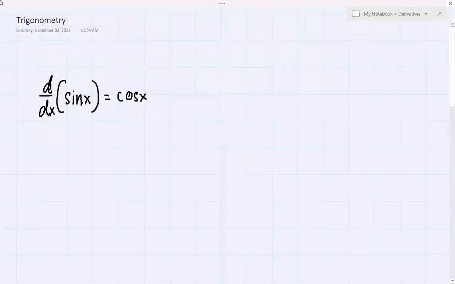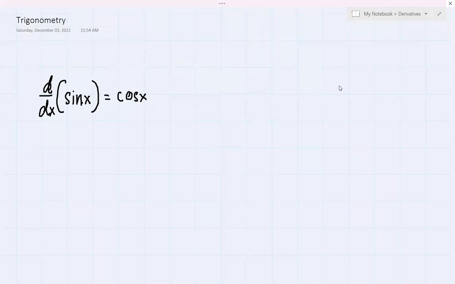If you are asked to get the derivative of sin x, teka lang. There you go. Derivative ng sin x, this is cosine x. So ulitin ko, if you are asked to get the derivative of sin x, the answer is cosine x.